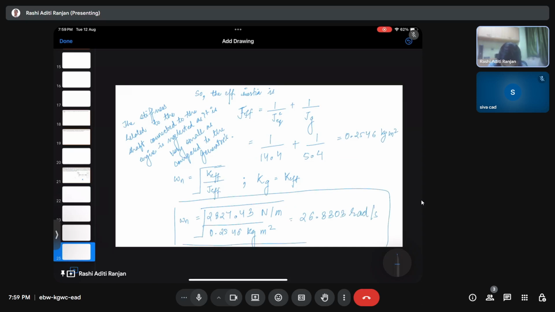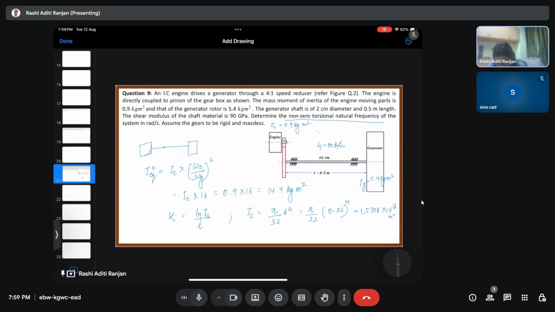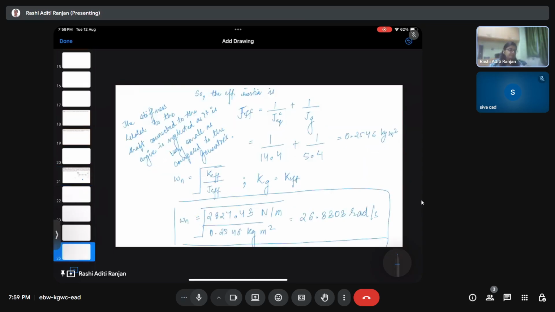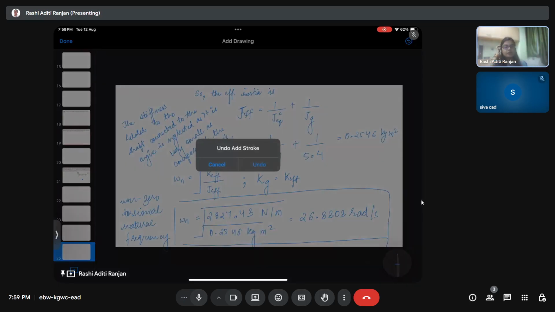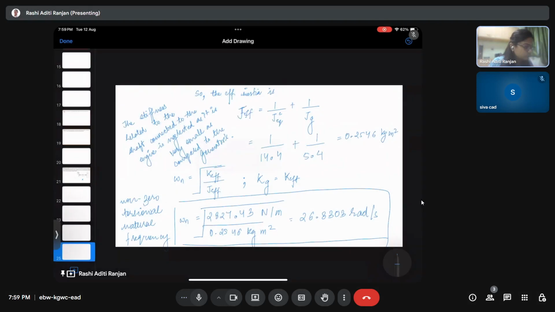This is going to be the one non-zero torsional natural frequency of the system that is given in the question.